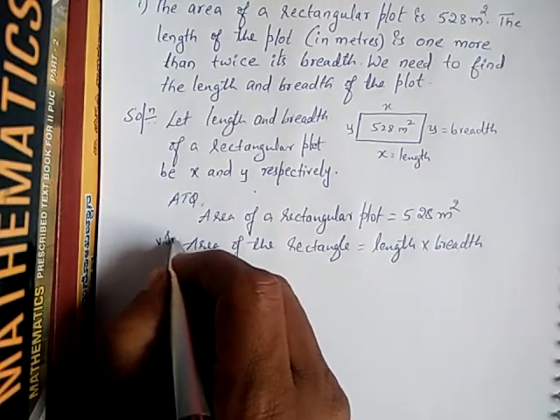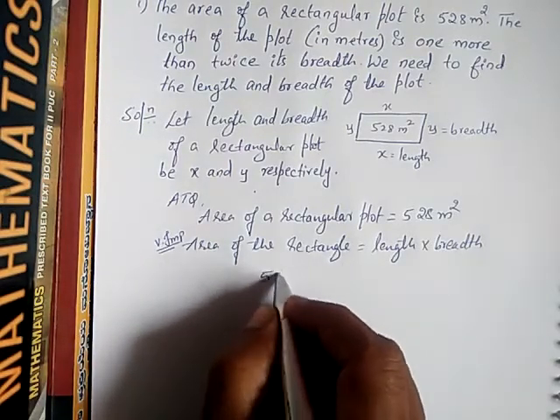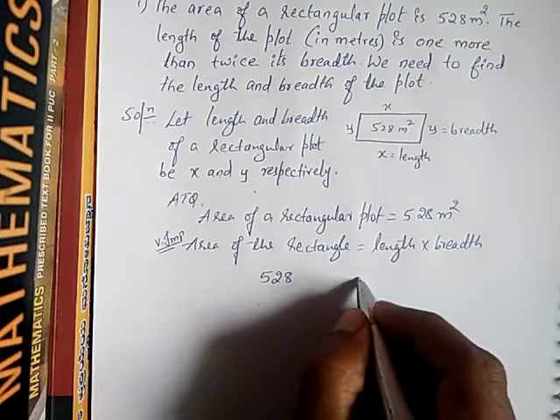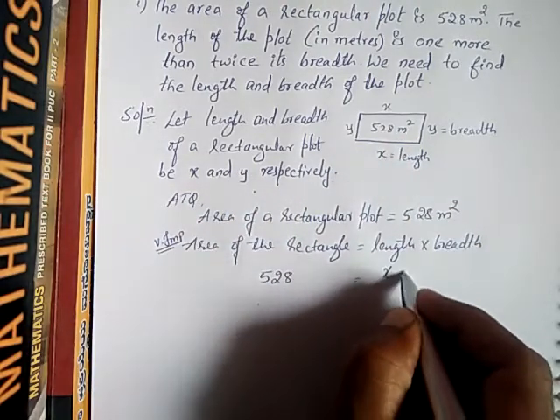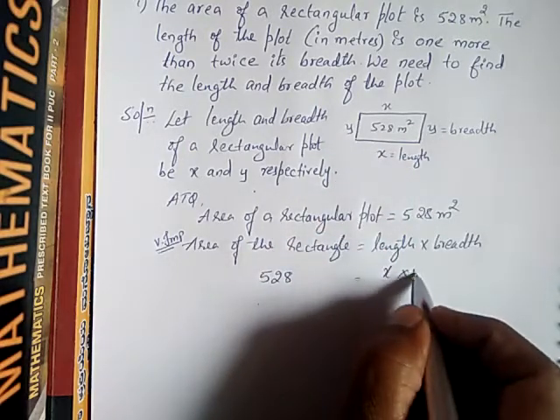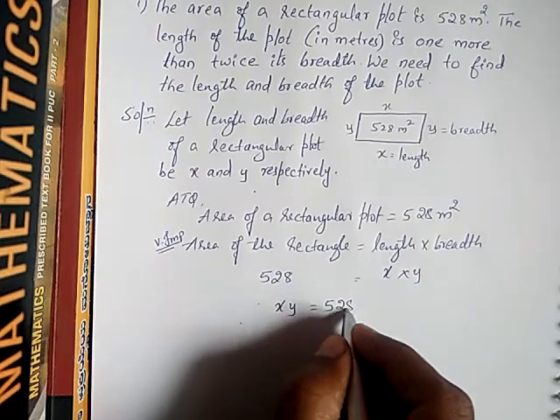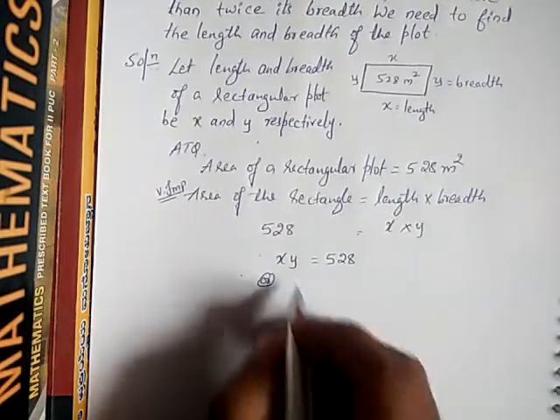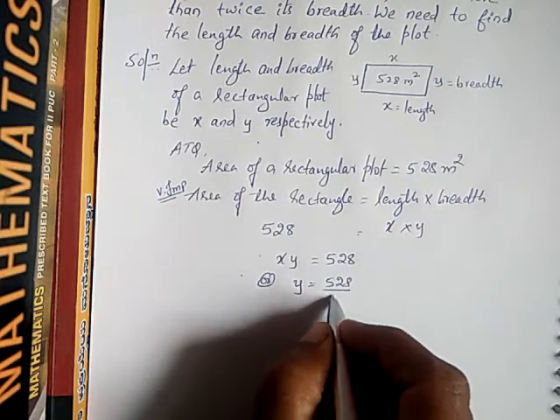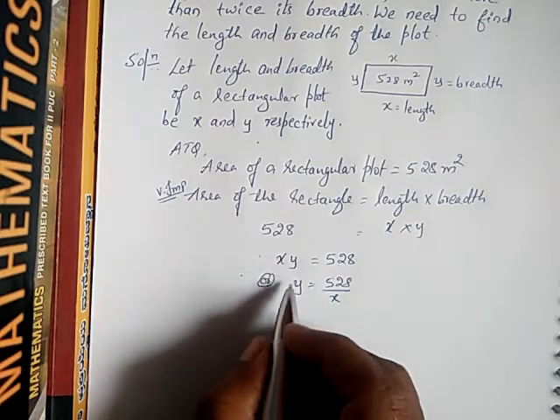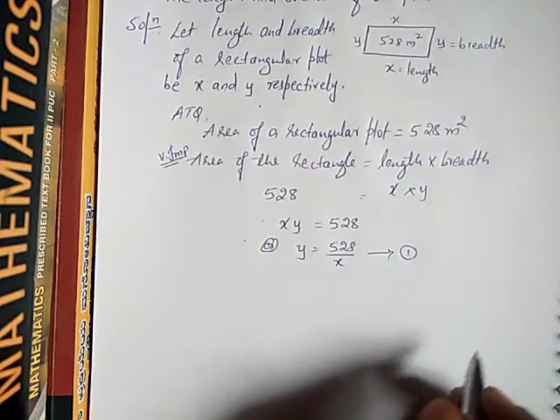This is very important. So the area of the rectangle is given, 528, is equal to length x into breadth y. So I can write xy is equal to 528, or y is equal to 528 divided by x, because these are multiplication. So this is equation number 1.